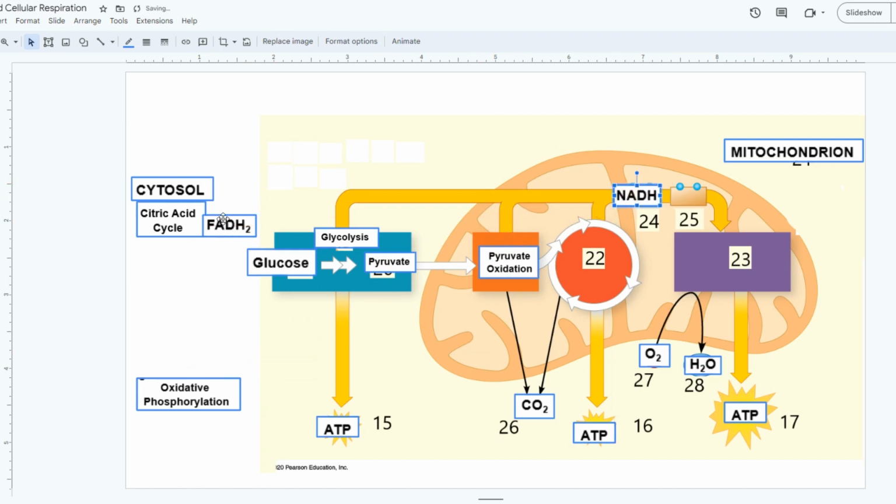And this time there's a secondary one, FADH2, that's also available there. Those carriers are there to simply shuttle electrons, or because we're in an aqueous solution, protons, into this magic that's happening over there, where the majority of the ATP is produced. And the majority of the ATP is produced in oxidative phosphorylation.